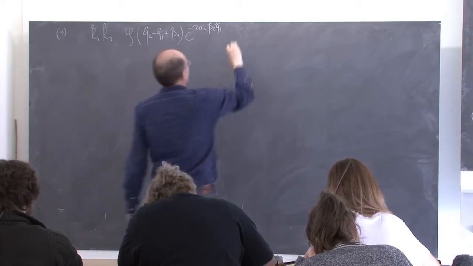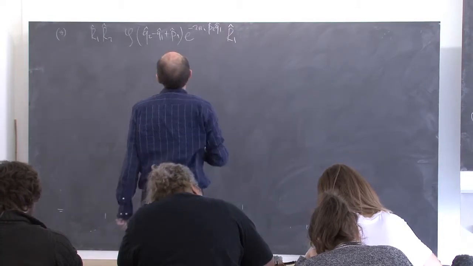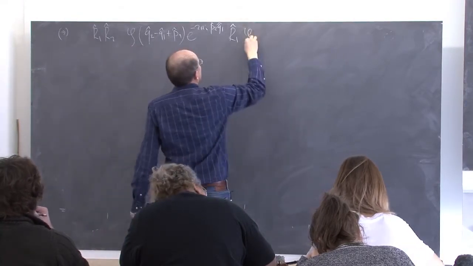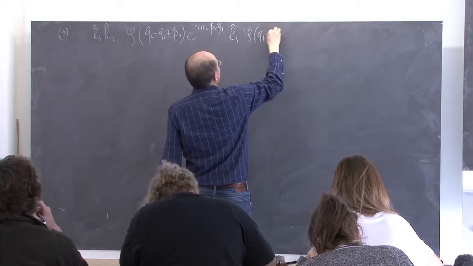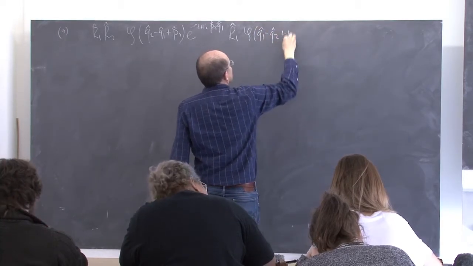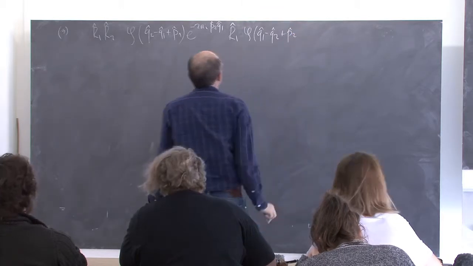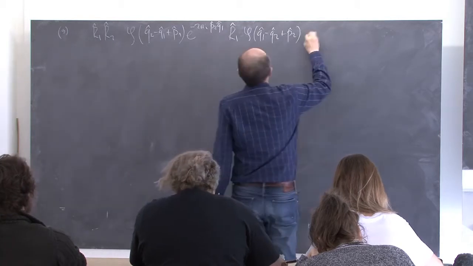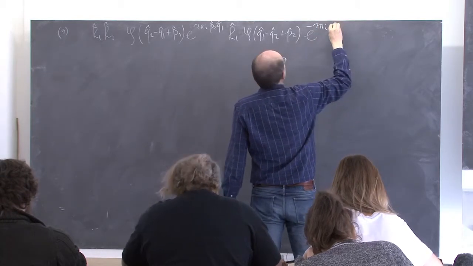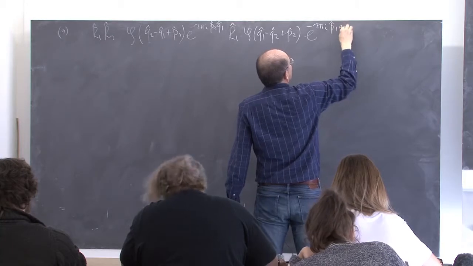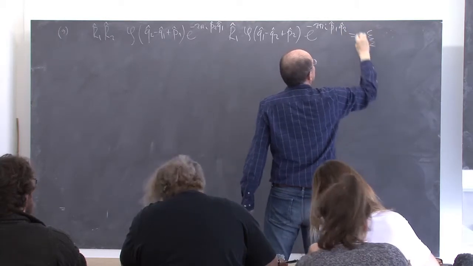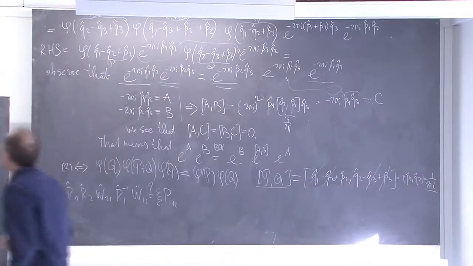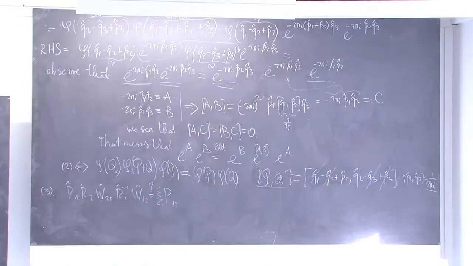Then we write R1 inverse, phi of Q1 minus Q2 plus P2, e to the minus 2 pi i P1 hat Q2 hat, equal to some psi, with a question mark, since we don't know yet if this is true or not, P12.